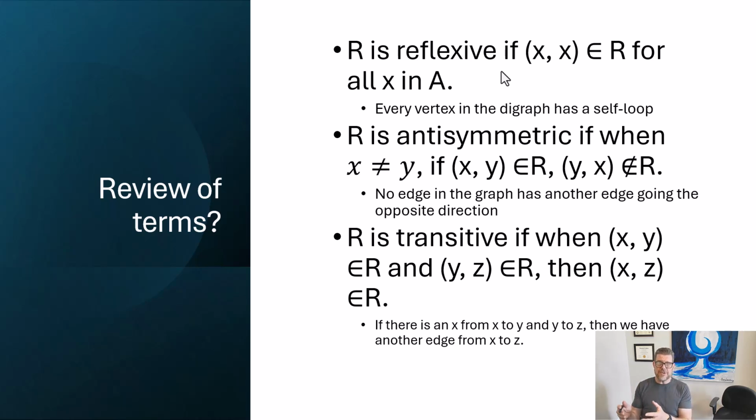R will be antisymmetric if, when x does not equal y, if (x, y) belongs to R, then (y, x) does not belong to R. What that means for us is that no edge in the graph has another edge going in the opposite direction. Three, R will be transitive if (x, y) belongs to R and (y, z) belongs to R, then (x, z) belongs to R. So if we have an edge from x to y and y to z, then we're going to have another edge that goes from x to z on our digraph.